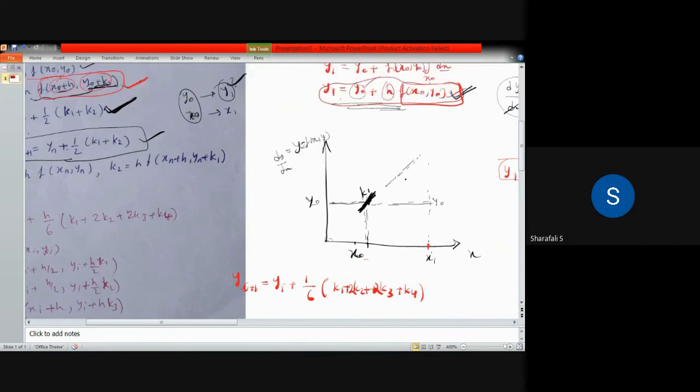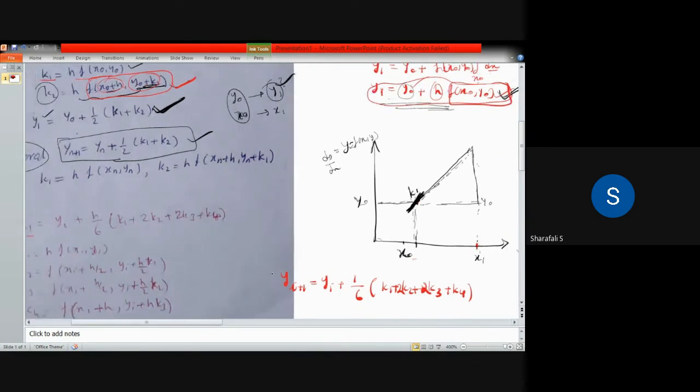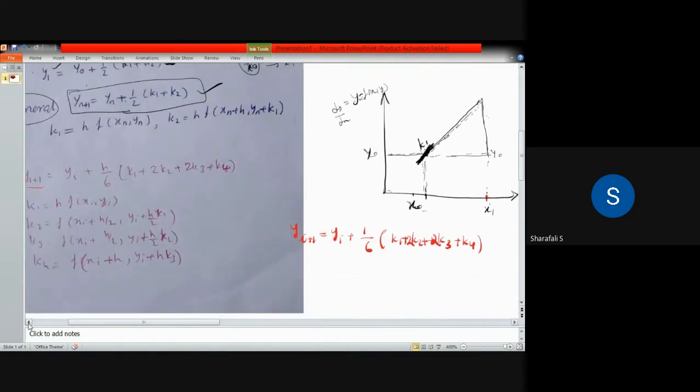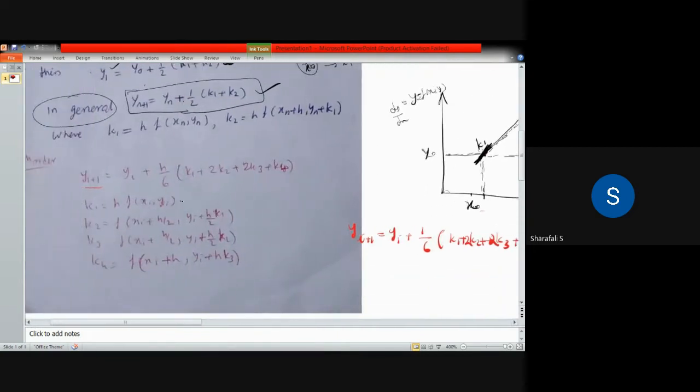So let us consider this as your k1. Okay, this is k1, and the next value you have to consider, as you can see from here, are k1, k2, k3, all those values which are given here. For the fourth order case, k1 is h into f of xi comma yi.